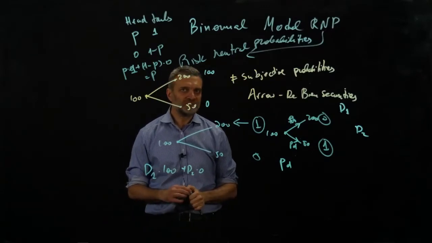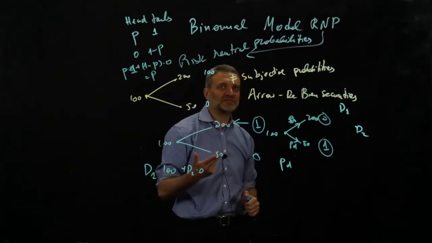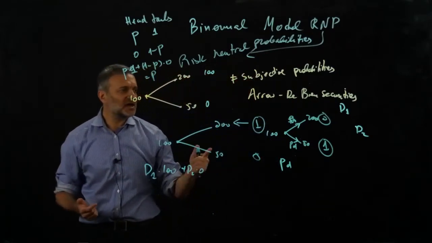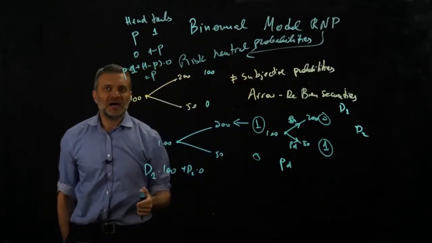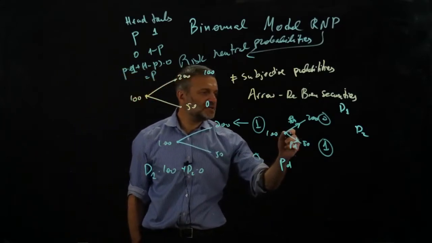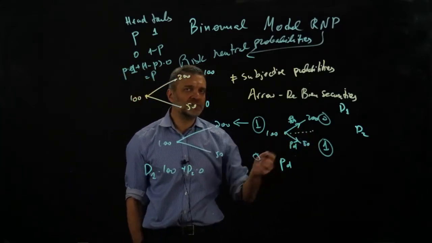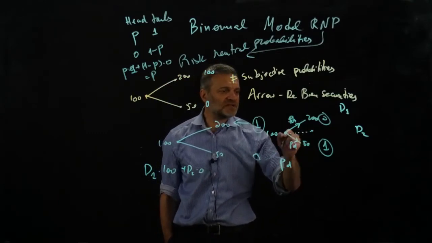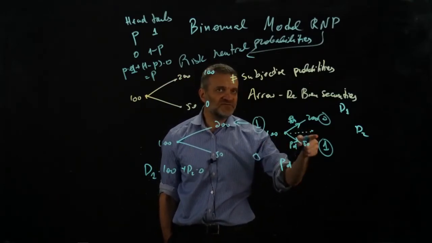Okay? So now, how do we value something like that? Well, it's actually easy peasy. One way to do it is through a replicating portfolio. Another way is to ask, what is the expected value of my guy in the future?